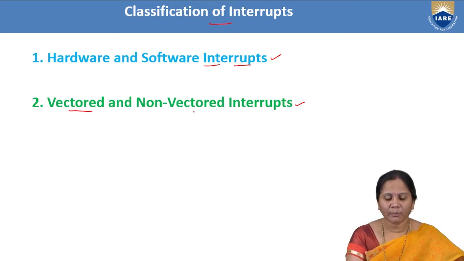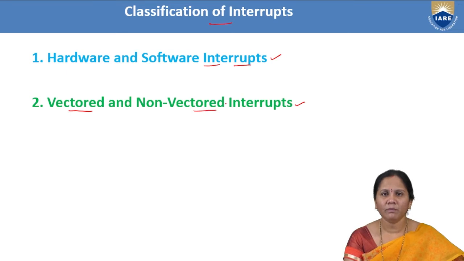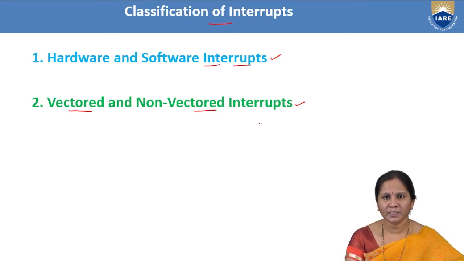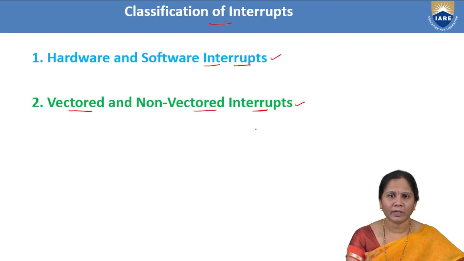Coming to non-vectored interrupts, in order to execute them, the address should be specified in the program because the interrupts under this classification do not have fixed addresses. That is why, to make the control branch, the address should be provided.